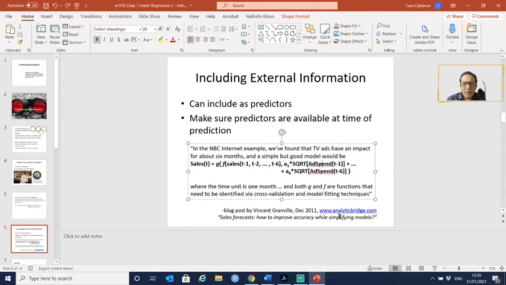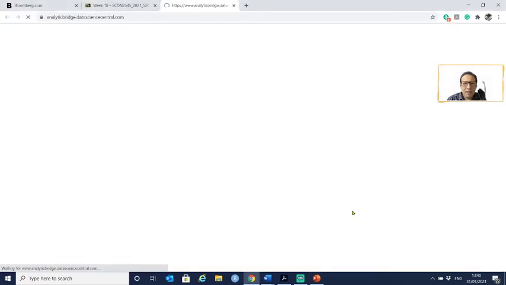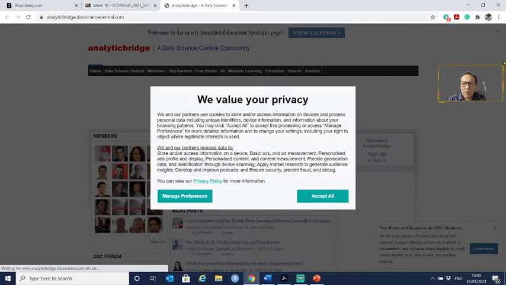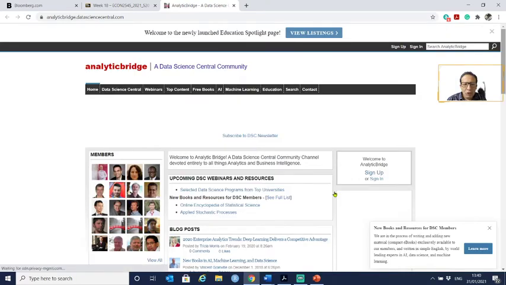Right, so you can find more information about this example in analyticbridge.com. It's actually an interesting place to find things about these topics.